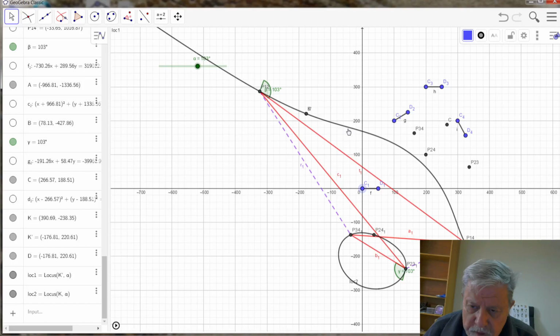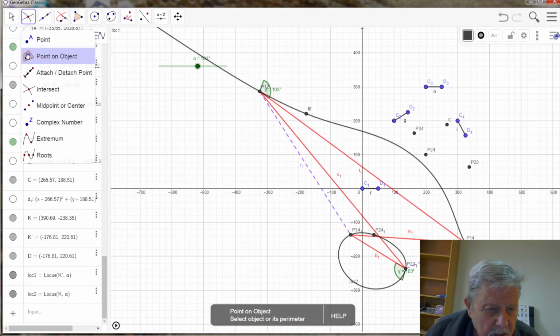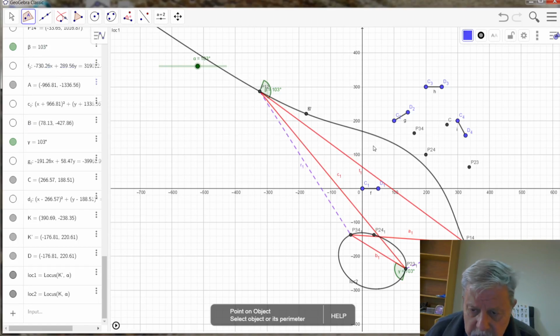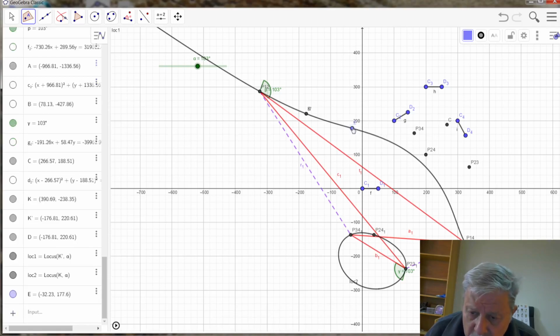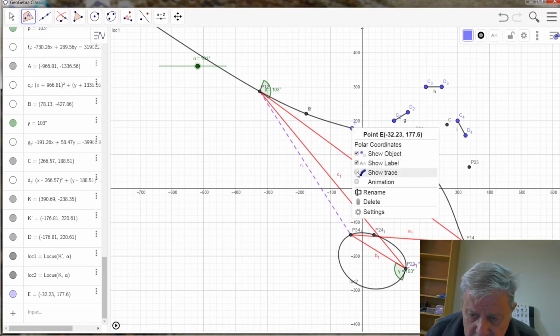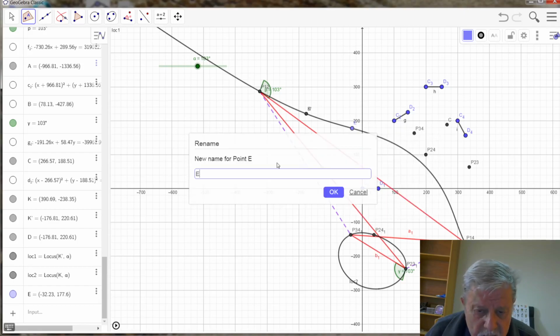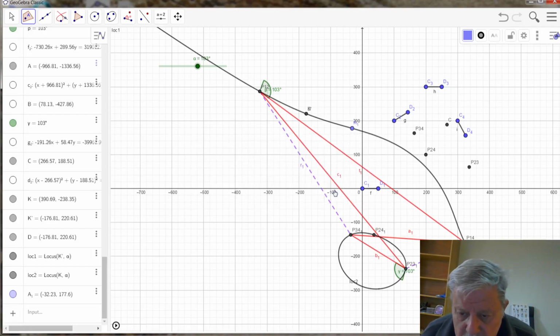I'm not sure whether I can do it or not, but let me point on an object. I will select a point over here, call this point A1, because that's the first point position.